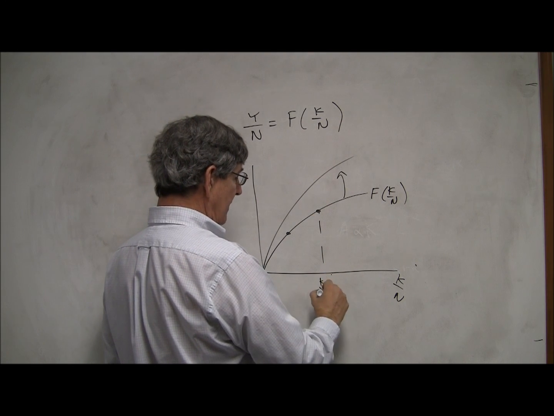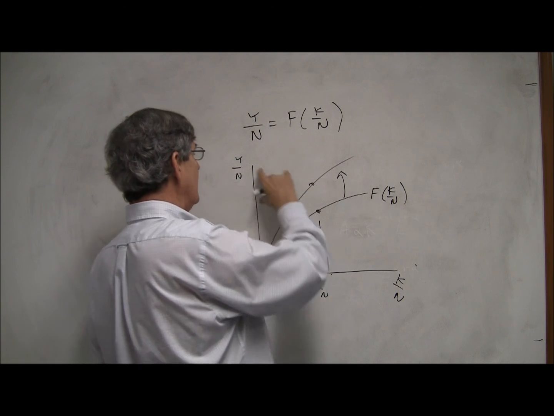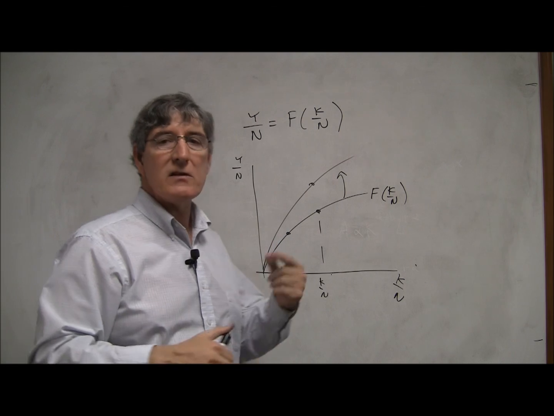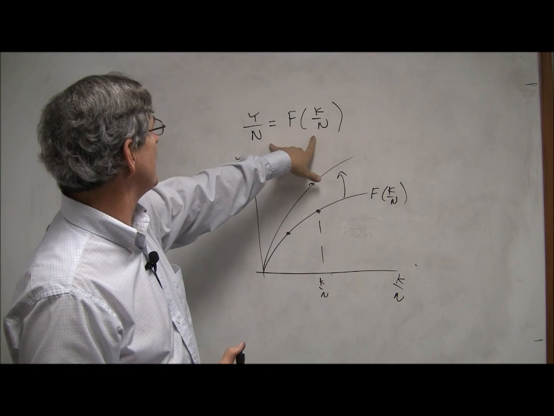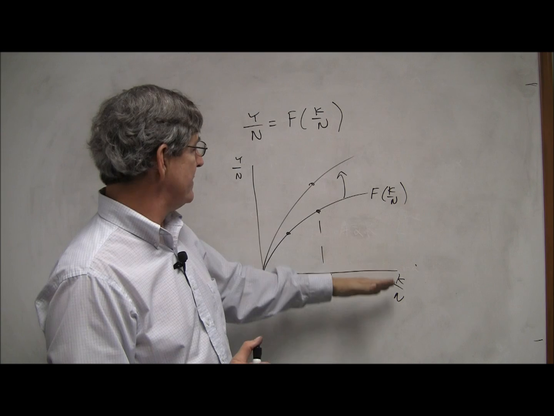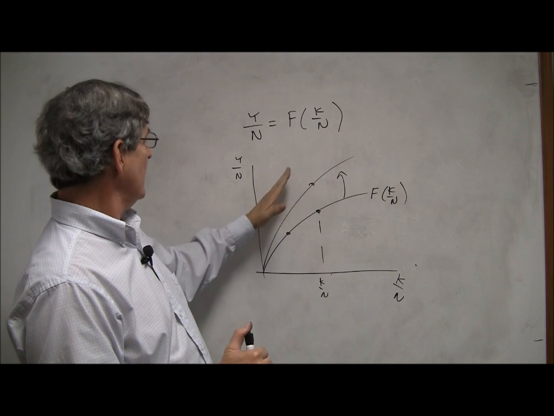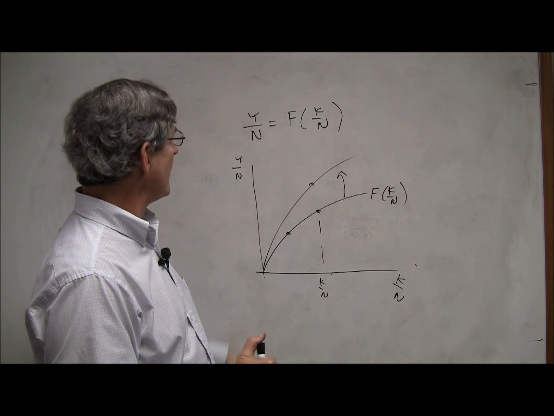Here, for the same k over n, you get a larger y over n. And that's the other way that you can grow. So there's constant returns to scale. That's why we can write it this way. But there's decreasing returns to individual factors. And technology has this effect on the model.